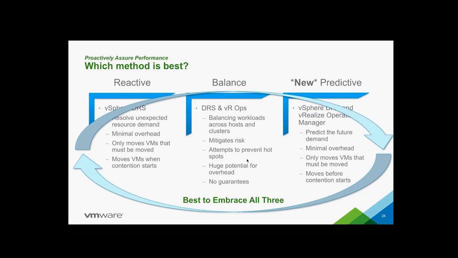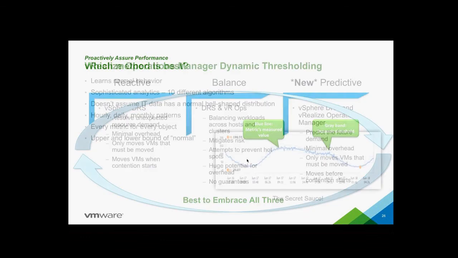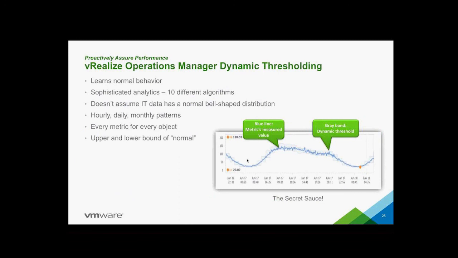But if you want to really understand the pattern of a particular workload and apply that science or learned behavior into DRS, then you can use Predictive DRS, which basically makes the entire process more predictive and easy to understand. The secret sauce behind Predictive DRS is dynamic threshold.